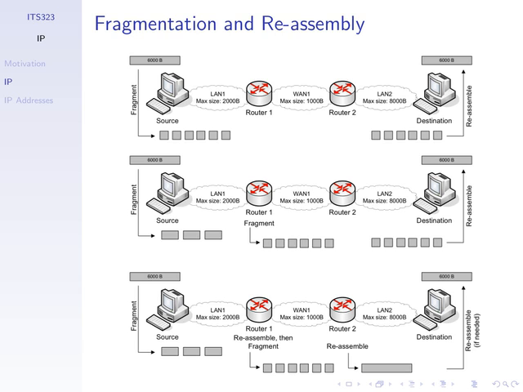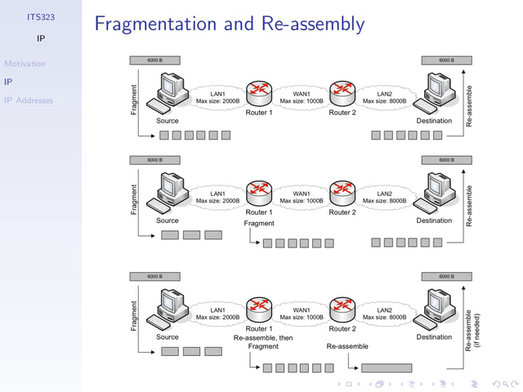Therefore, we usually break it into the maximum. If for the next router the maximum size is still smaller than the previous, then we'll need to fragment again, because we cannot send anything larger than the maximum size.